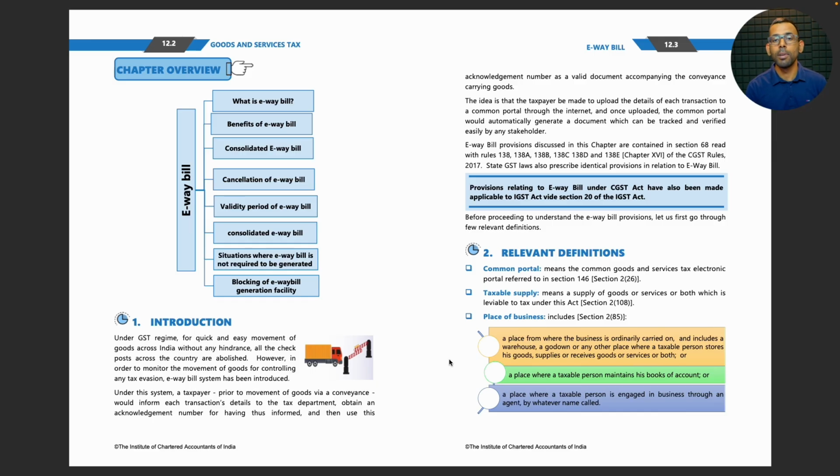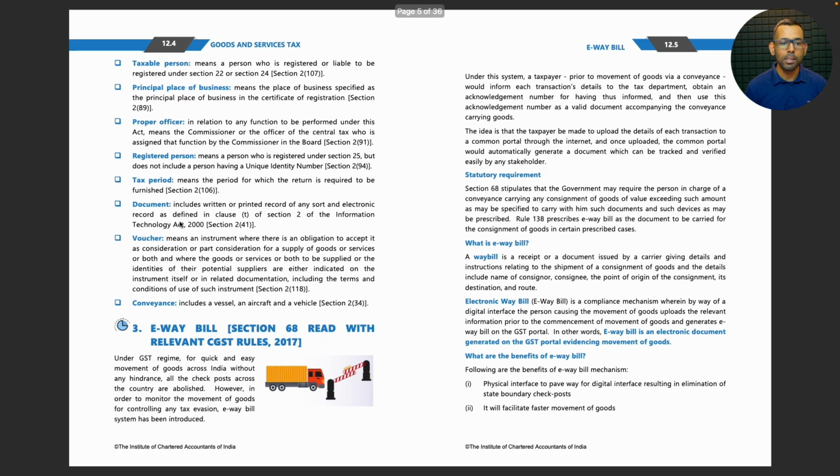So it is a place where normal business is carried on, like a factory, godown or warehouse. It also includes a place where books of accounts are maintained, and the place where the business is carried on through an agent, broker, whatever name you call. If you carry out your business through the help of an agent, that agent's premises is also considered a place of business.